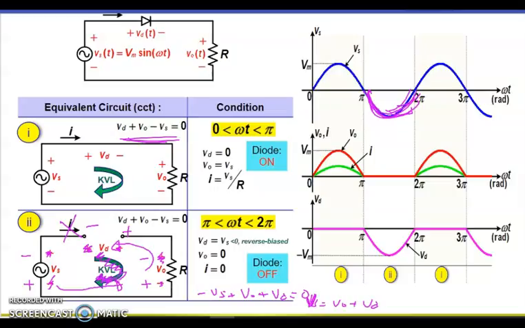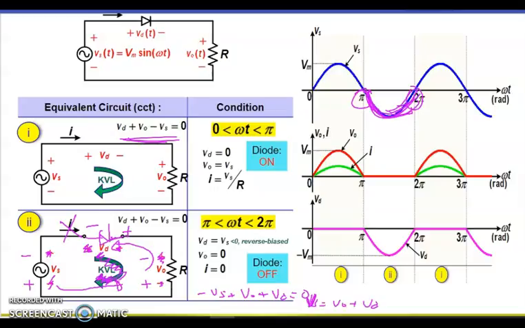So what happened here is that from the condition point of view, this cycle happened from pi to 2 pi. So this is the negative cycle. And at this time, the diode is in reverse bias.